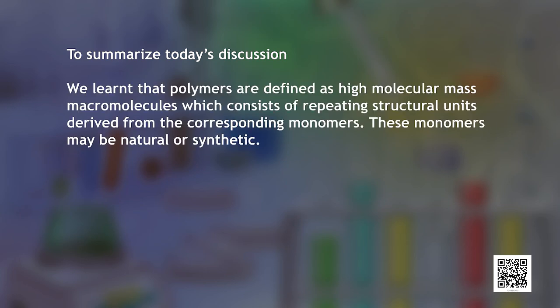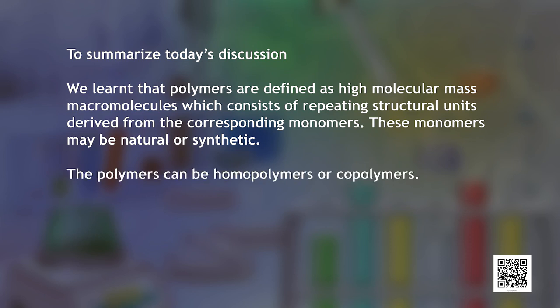Let's summarize what we have learnt today. The polymers are defined as high molecular mass macromolecules which consist of repeating structural units derived from the corresponding monomers, and these monomers may be natural or synthetic. The polymers can be homopolymers or copolymers.